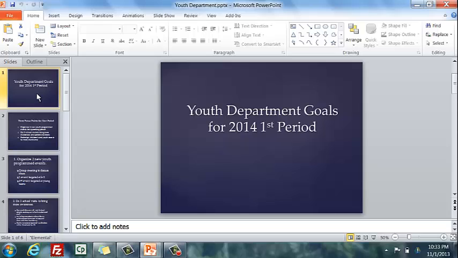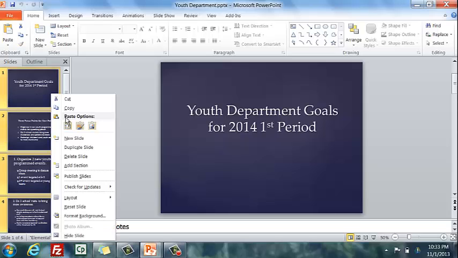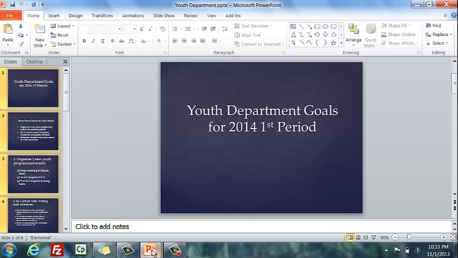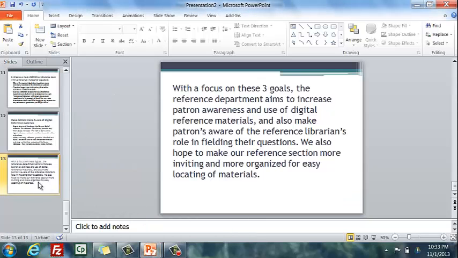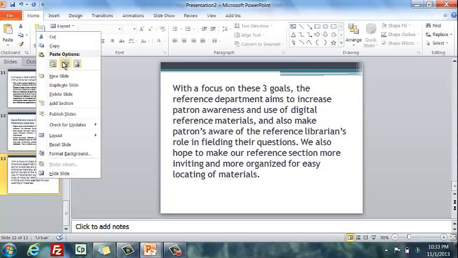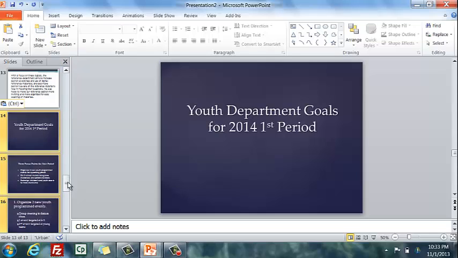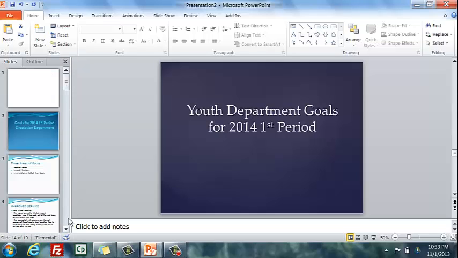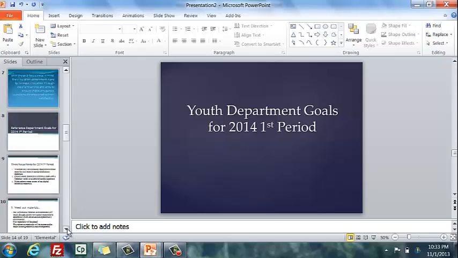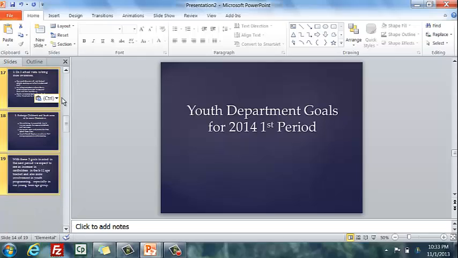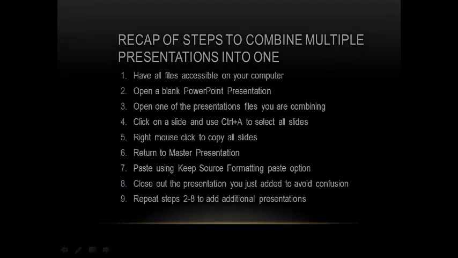And we're going to click in the slide, Control A to select all of the slides, right-click, Copy, go back to our master, make sure we're on the last slide, right-click the mouse and paste with the Keep Source Formatting option. And now you have your master presentation with the slides from all the department's presentations combined into one.